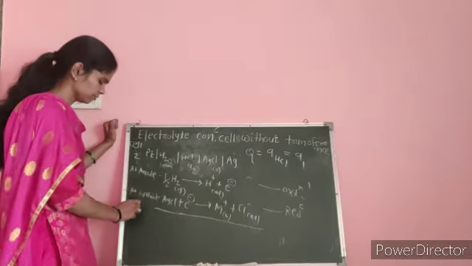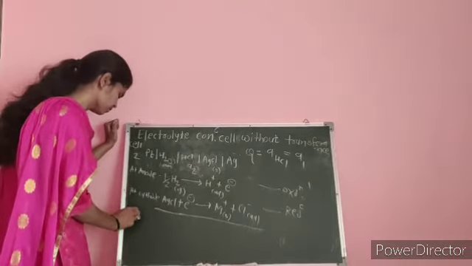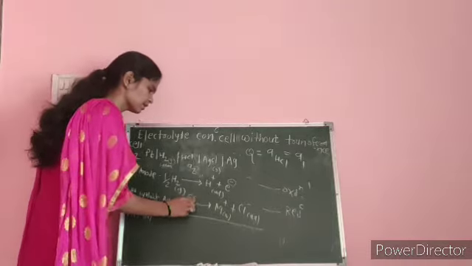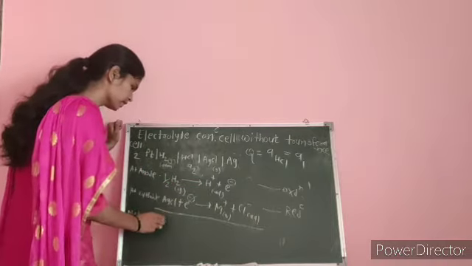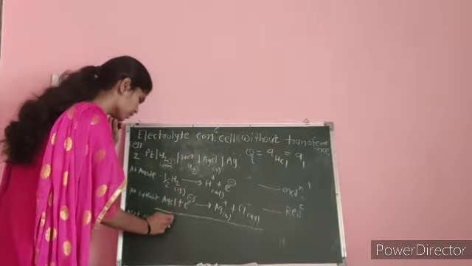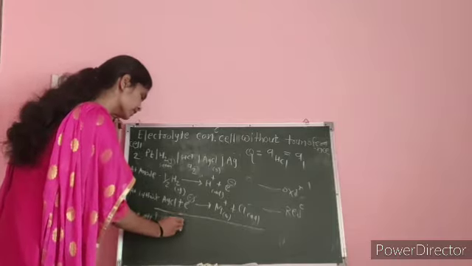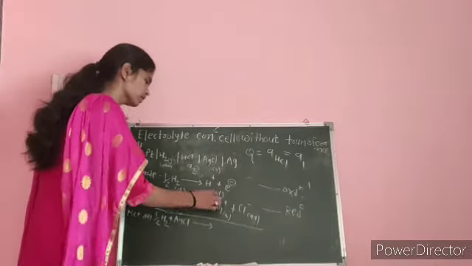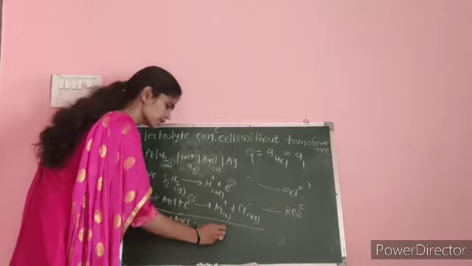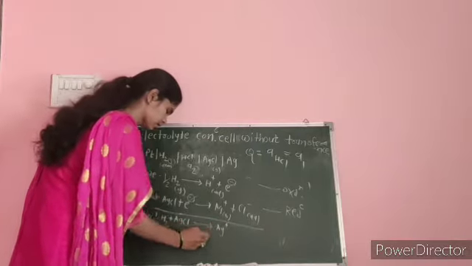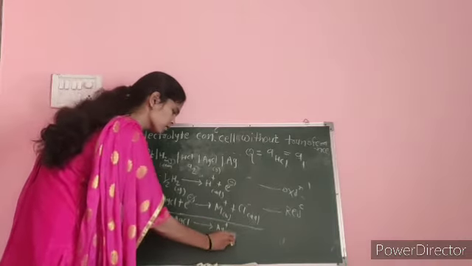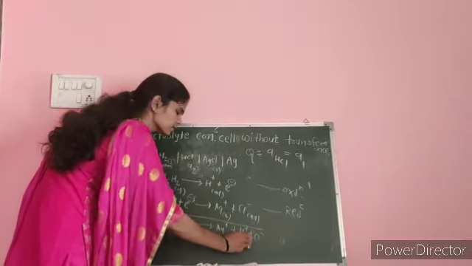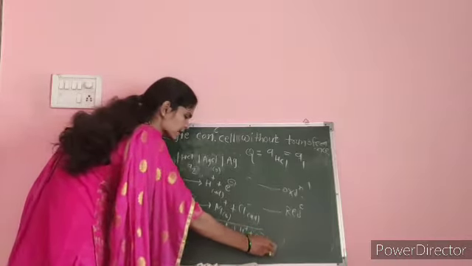For these two reactions, we write the net cell reaction. The electron gets cancelled. We can write 1/2 H2 plus AgCl gives Ag solid plus H plus Cl minus, which are ions in aqueous solution.